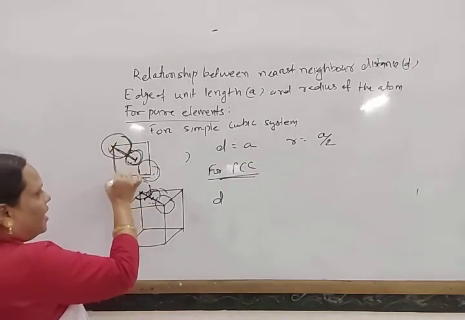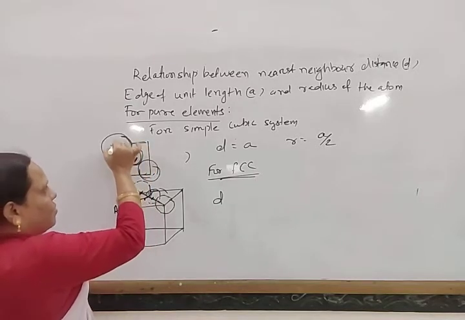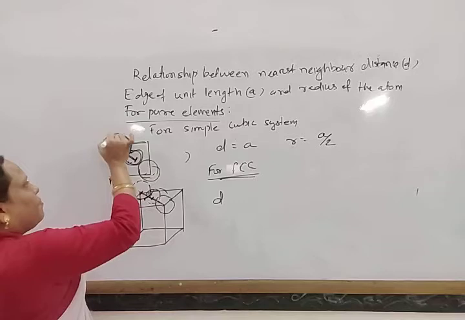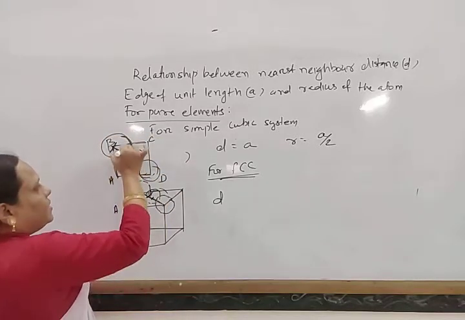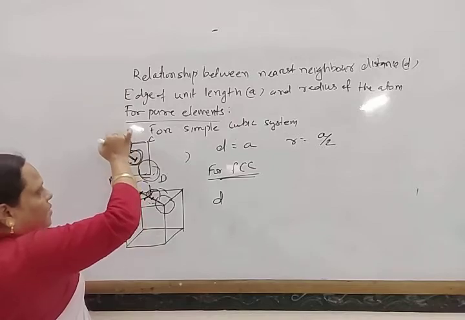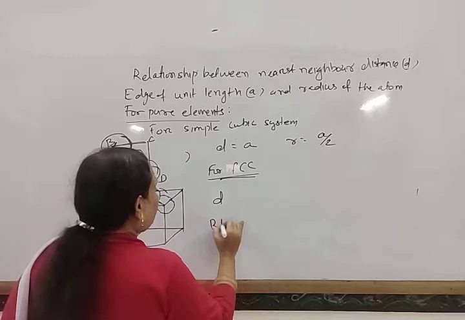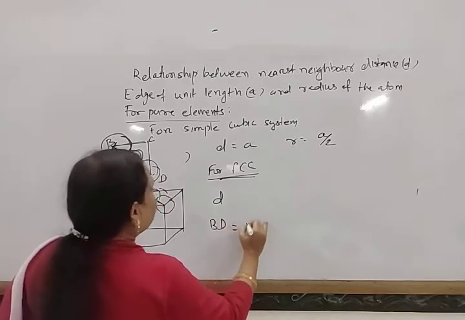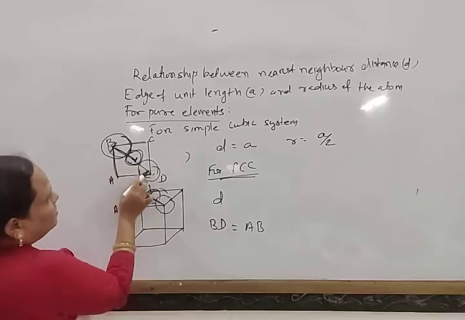Look here, if the side is A, suppose this is A, B, C, and this one D, then what is the distance BD? BD equals A. What is the distance of this BD?